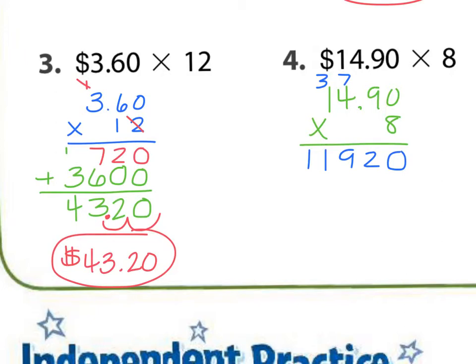And so our first factor has 1, 2 numbers after the decimal. Our second factor has none. It's a whole number. So we're going to move the decimal 2 times. 1, 2 places. Place it between the 9 and the 2. And our answer is $119.20.